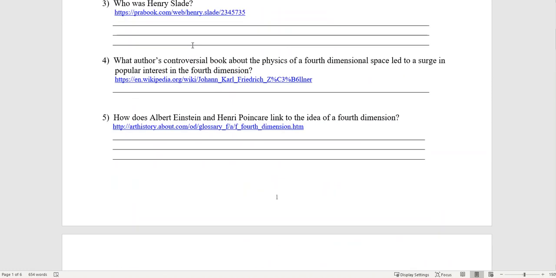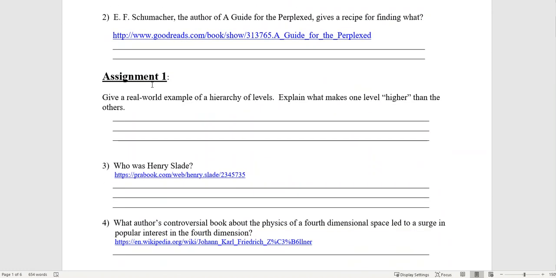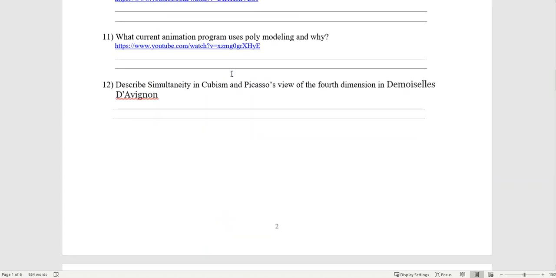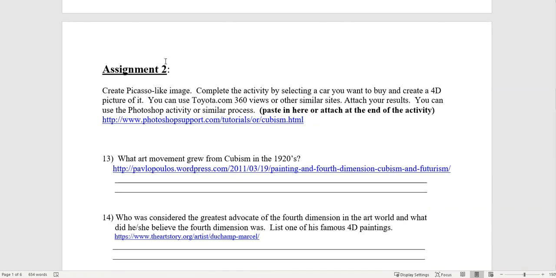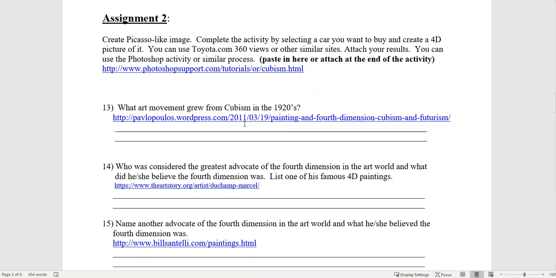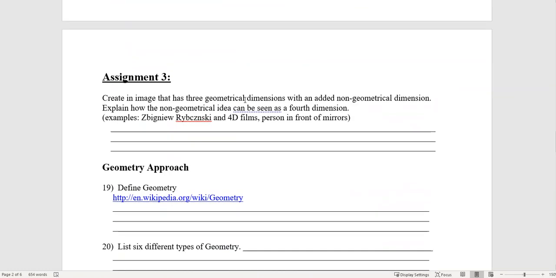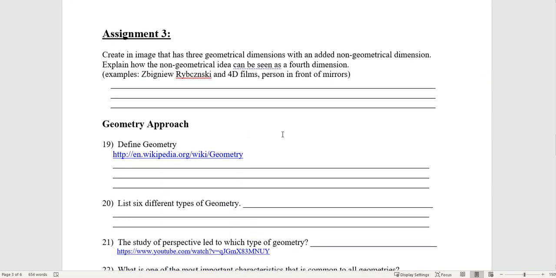Whoops, I skipped here. There was an assignment one. It's like a little thing that you do. These aren't very lengthy. We try to just get you thinking in a certain way. And there are some more questions. And there's assignment two, which gets you to do something and starts you thinking about building towards the project. Here are some questions again, and another assignment.